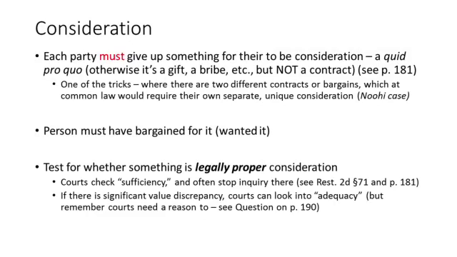This week, Class 5, we are going into the third, but the final one we need to cover, box or component for contract formation, and that is consideration. The idea behind consideration is that each party to a contract must want something from the other side.